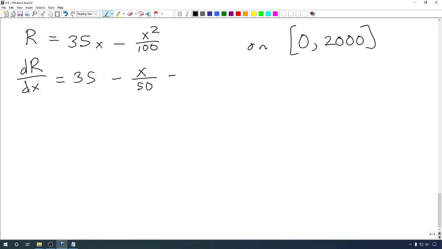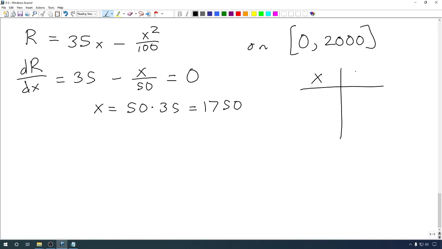All we need to determine is when this equals 0, which is going to happen when x is equal to 50 times 35, which is 1,750. If we make a table using this value for x and our endpoints, put x and r, put in our endpoints of 0 and 2,000, and our critical point of 1,750.